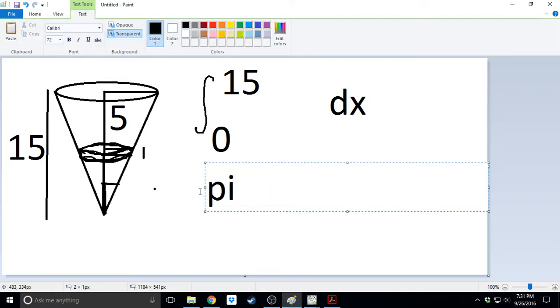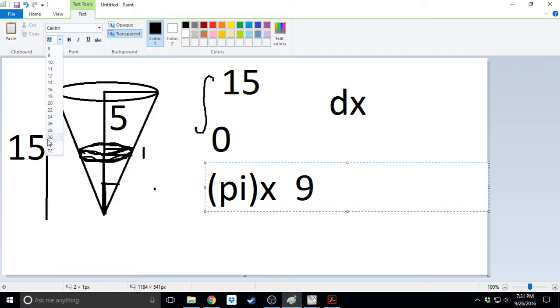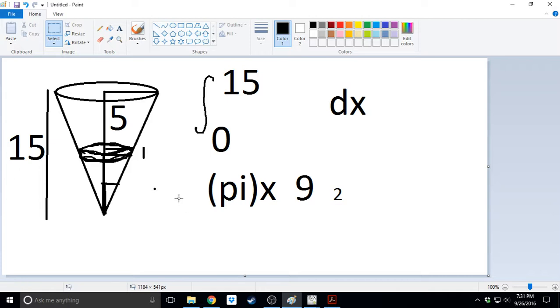Okay, we're going to write pi like that. Pi times x squared over 9.